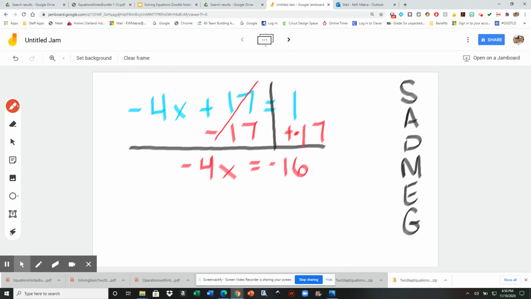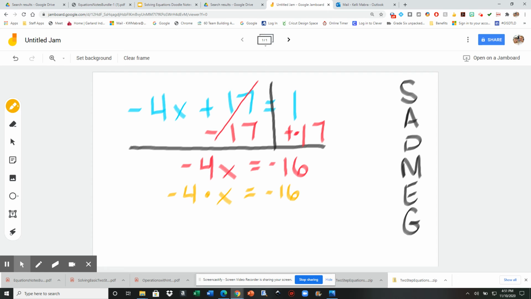Okay, now we're still asking ourselves, is my variable by itself? No, the variable is not by itself. Right now, the variable is with times 4. I'm going to rewrite that so you guys can see it a little bit clearer. It's negative 4 times x is equal to a negative 16.